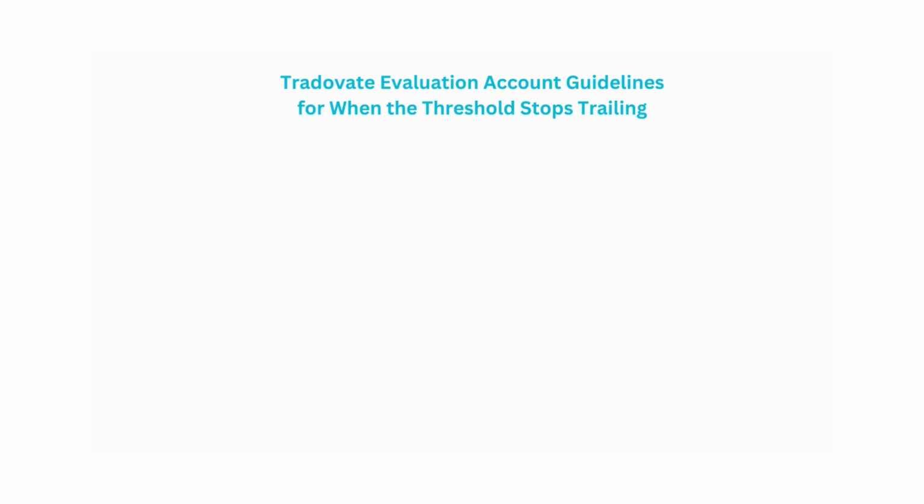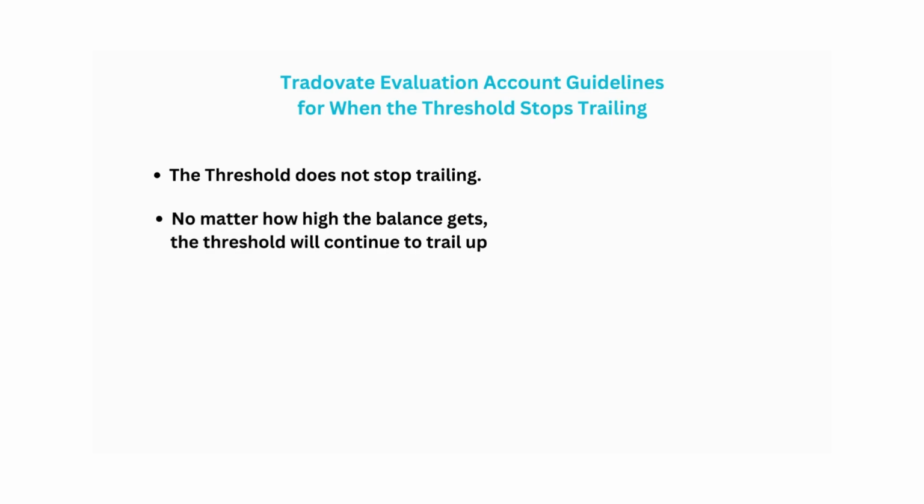Now, on the other hand, for Trade-Evade evaluation accounts, the threshold does not stop trailing. So no matter how high the balance gets, the threshold will continue to trail up.